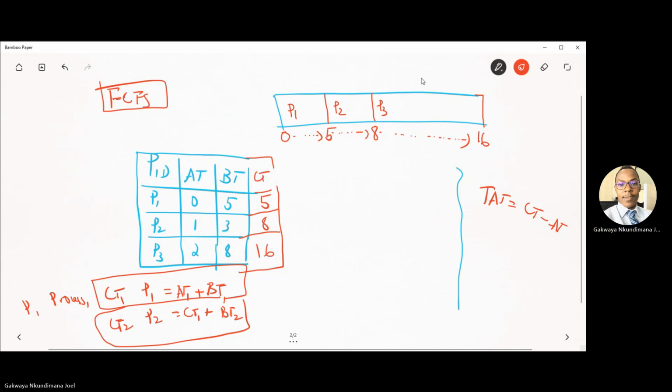So this is completion time. Now, turnaround time, remember the formula? Turnaround time is equal to completion time minus arrival time. Allow me to erase here. I noticed that this is not properly written. Let me write it properly. So this is going to be completion time, and this is going to be turnaround time.